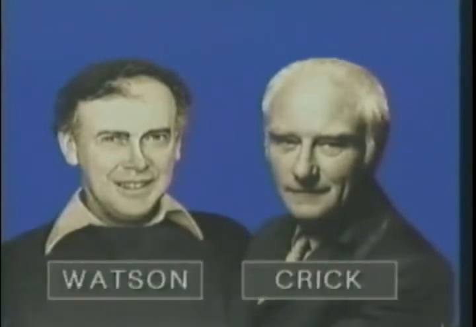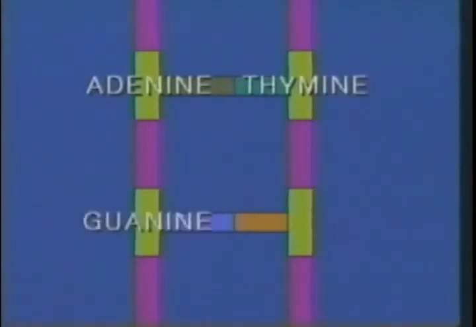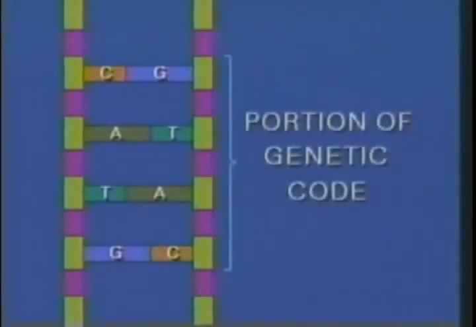In 1953, Watson and Crick reported that chromosomes are made up of molecules called DNA, the now familiar double helix. Untwisted, it resembles a ladder, with rungs of 4 key nitrogenous bases: adenine, thymine, guanine, and cytosine. The sequence of these bases makes up the genetic code.